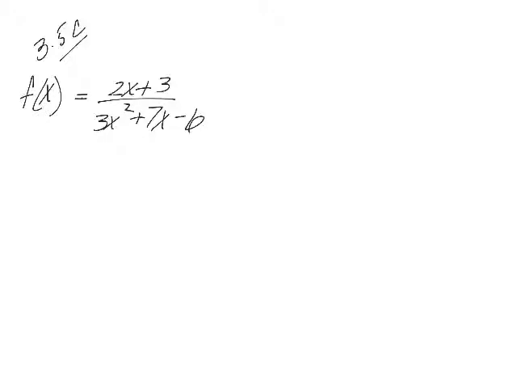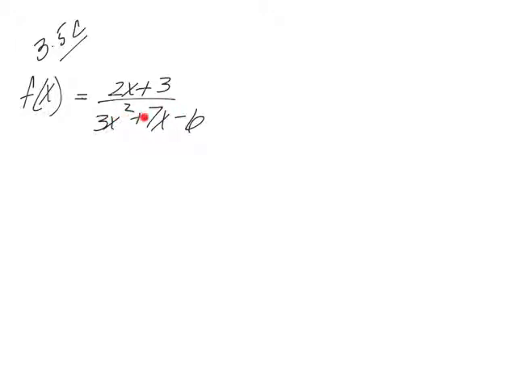So first of all, we're going to find out where this thing crosses, or I'm sorry, we're going to find out where the vertical asymptotes are. Okay? So in order to find the vertical asymptotes, what we're looking for is when the denominator is 0, those are our vertical asymptotes.